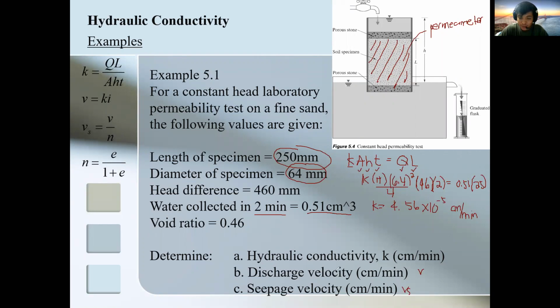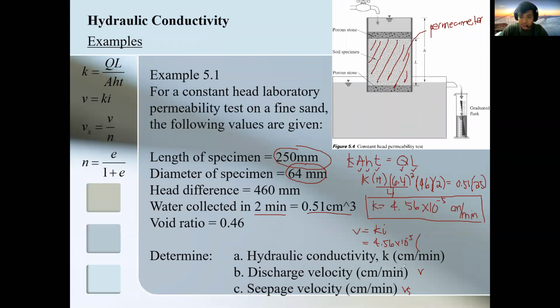Okay, so to solve for the discharge velocity, you have to use Darcy's formula. The value of K is from letter A. So what you have to do is to solve for the H over L. So 4.56 times 10 to the power of negative 5 times H over L, because that's the hydraulic conductivity.